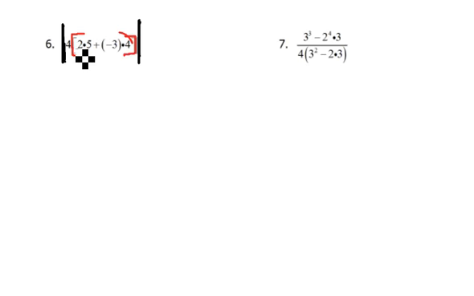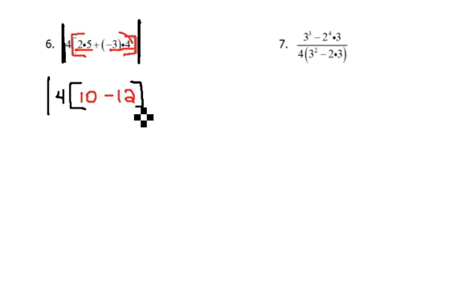Now notice we've got a multiplication and a multiplication. We can do those actually both at the same time. We can say the absolute value of 4, and then going to put the bracket there just to keep that going. And then 2 times 5 would be 10, and negative 3 times 4 would be a negative 12.